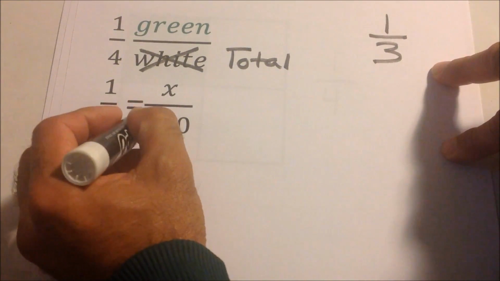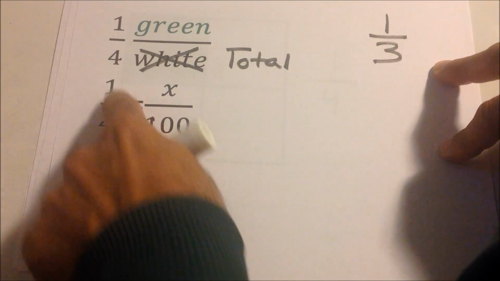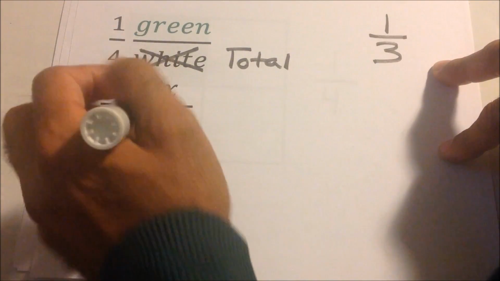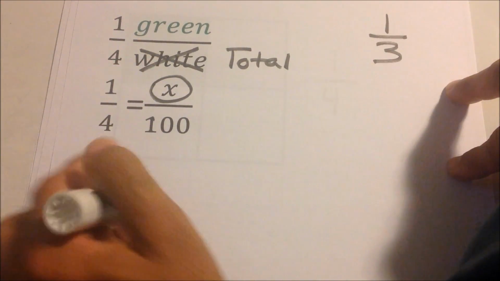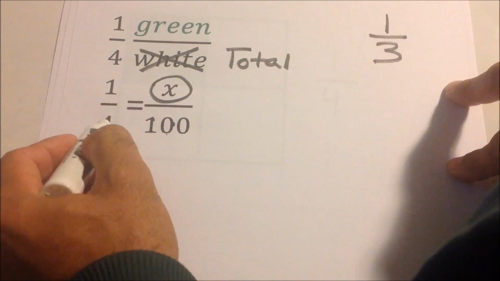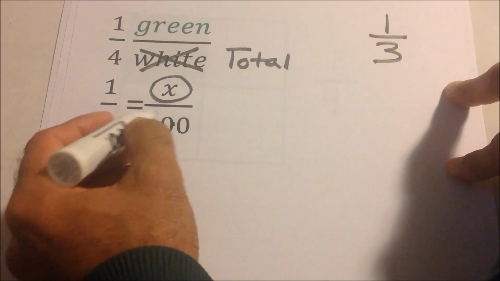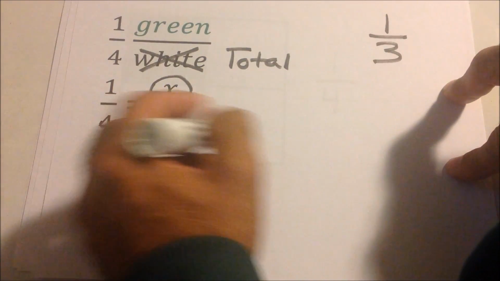So we want to get 100, because remember, if we have 100, we know the percent. So here we have 1/4 equals x over 100. We're trying to find what x is. And we did this in the last video. So 4 times what is 100? Or 100 divided by 4 will give us our answer. So 100 divided by 4, or 4 times 25, gives us 100.